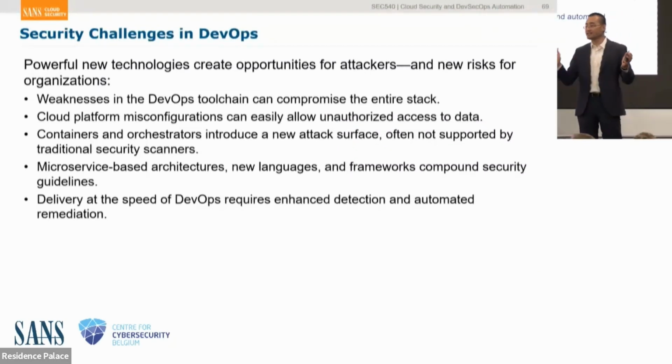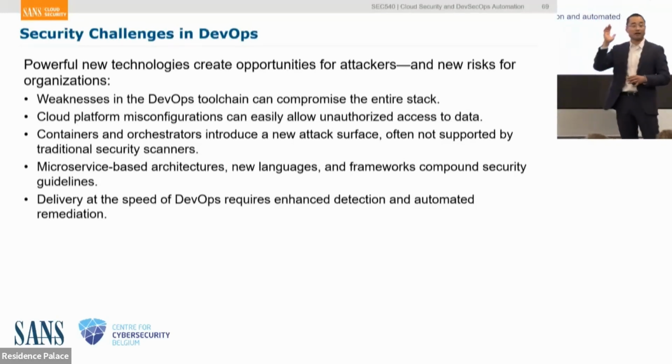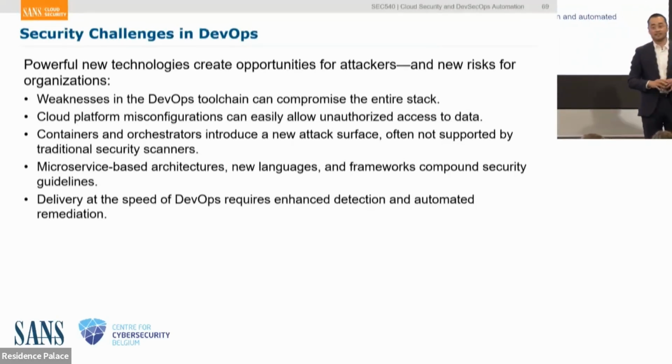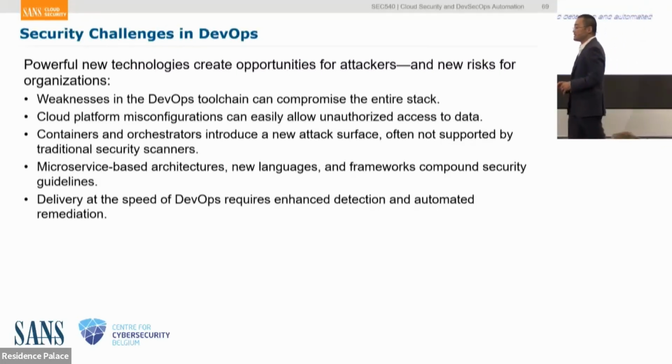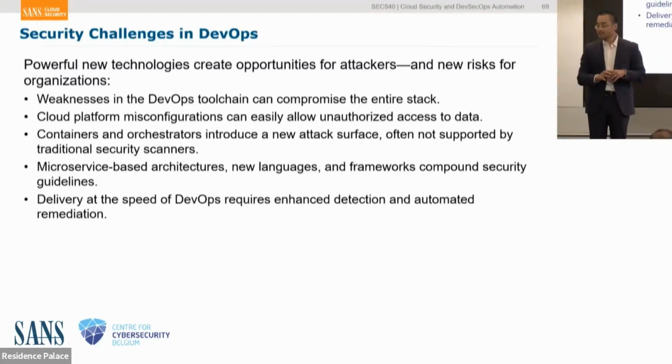But this is not all to say that security is all rainbows and sunshine in DevOps, or DevOps is all rainbows and sunshine. There are some challenges that we need to consider. There are various risks, issues related to DevOps, right? When we are centralizing all of our processes in CI/CD, in our DevOps tool chain, in our CI/CD solution, in our tool, now what? That is a pretty juicy target for attackers. Because what can happen if the attacker compromises our build process?